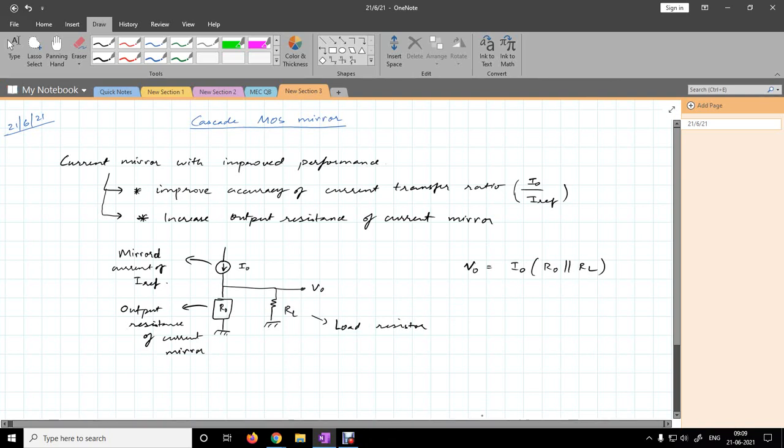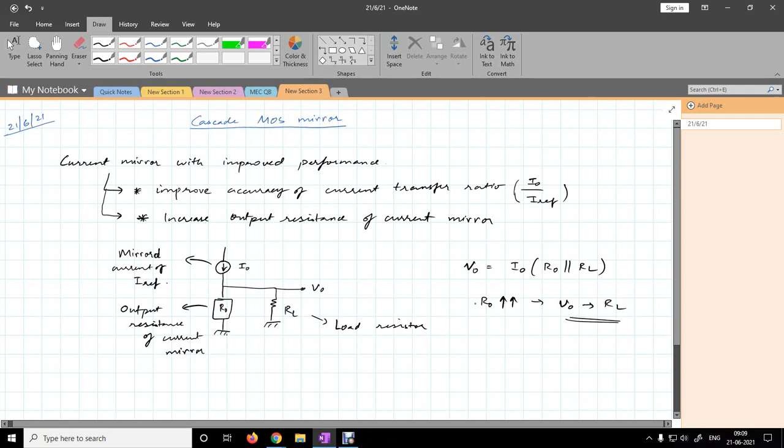So for a high value of R naught, I have a lot of options to choose RL. If R naught is high, this V naught will depend on RL, so by varying my RL values, I can choose my V naught value.